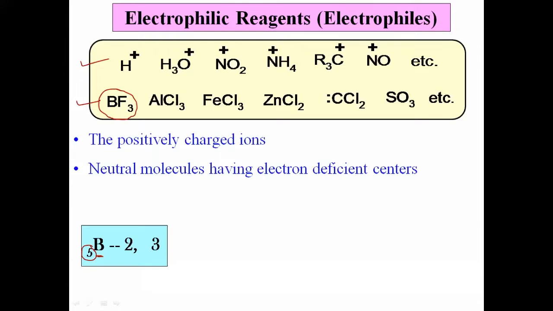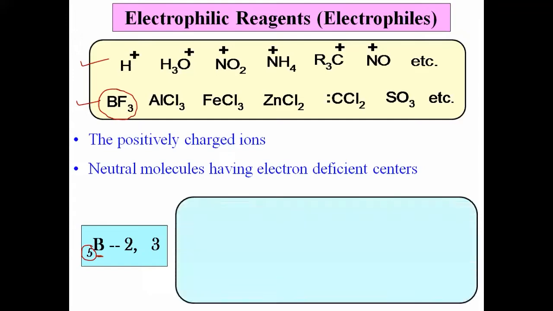From that, we can say that boron has 3 electrons in its valence shell. Suppose this is our boron atom. How many electrons are there in its valence shell? 3 electrons, 1, 2, and 3.